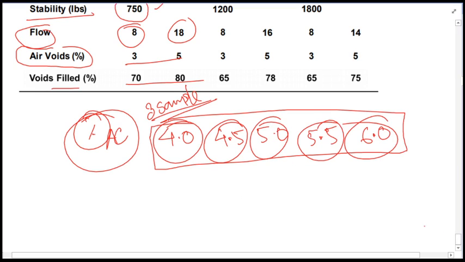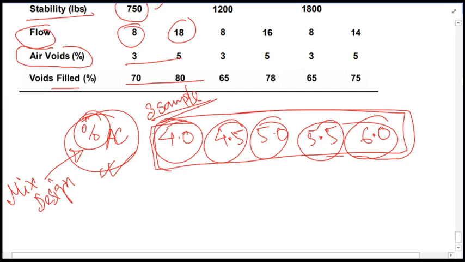This is the Marshall mix design. Whenever the new convention was made, you first try to fix the asphalt content. Although the main purpose of the mix design, as you know, is to determine the optimum asphalt content afterwards, for this particular test we will initially take these 5 asphalt contents and try to satisfy all other criteria.